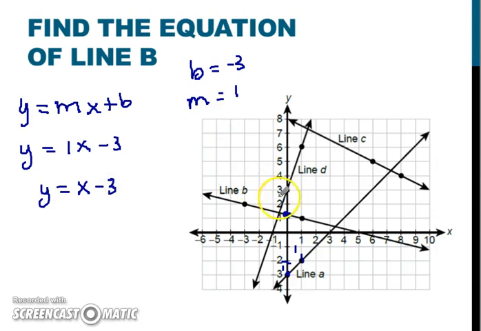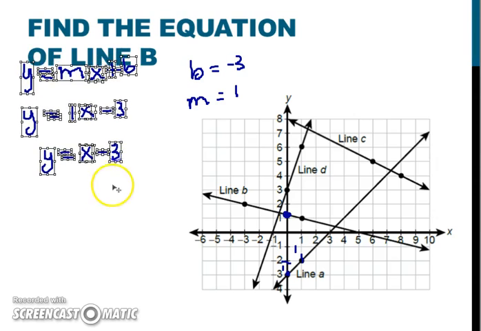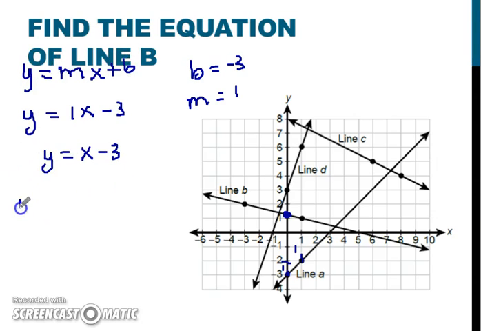For line B, if we wanted to write the equation of that line, since it doesn't cross at a nice intersecting point for that y-intercept, that's when you'd want to use point-slope form. Point-slope form is a different type of equation. You'd have to list it out as y minus y1 equals m times x minus x1.